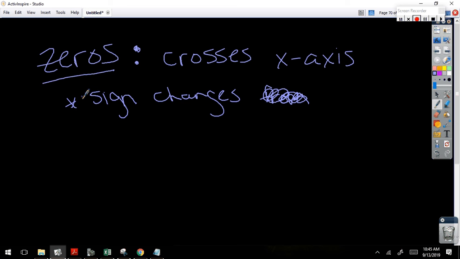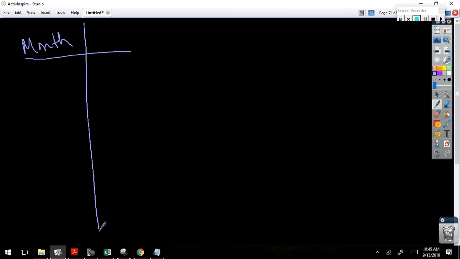The table and graph represent the balance in Frederica's savings account over a year. So I've got month. Balance. This goes up to 12.